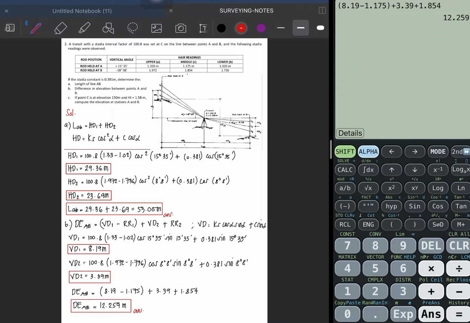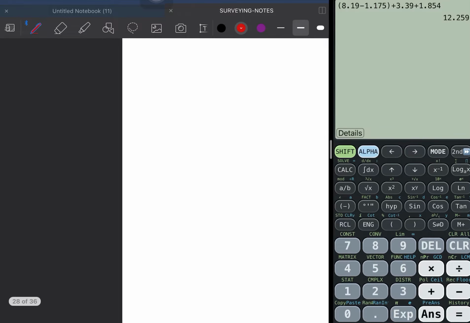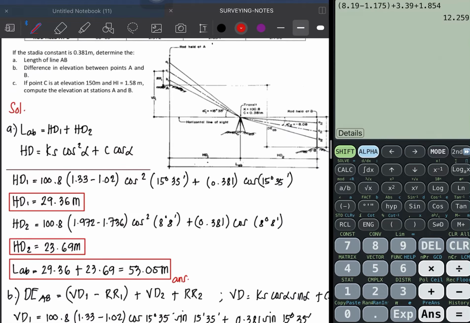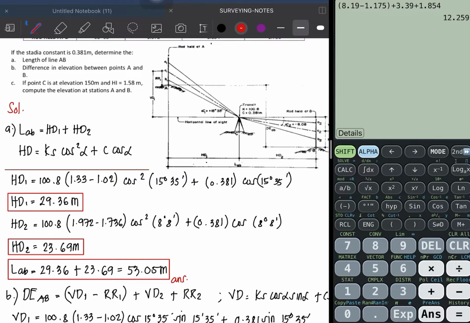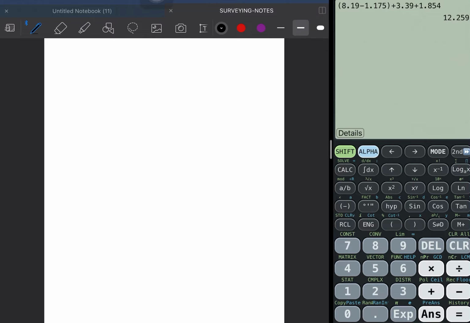Then letter C. Okay, we don't have enough space. For letter C, you have to solve for the elevation of A and the elevation of station B, where the height of instrument at point C is 1.58.